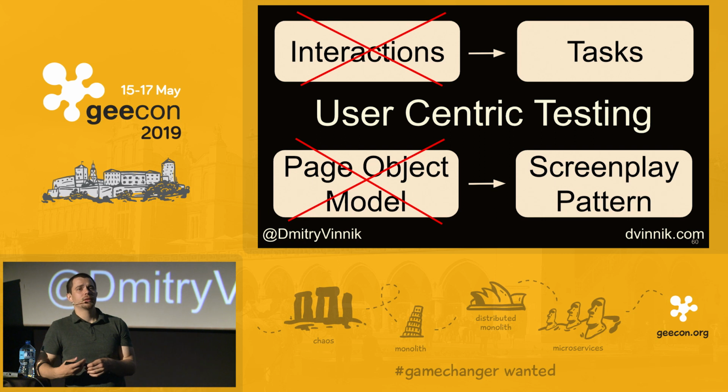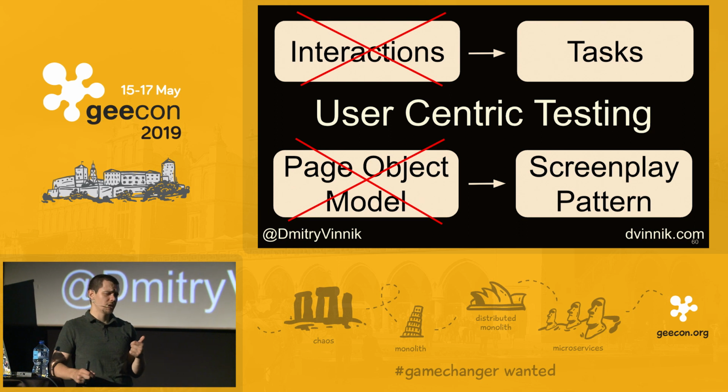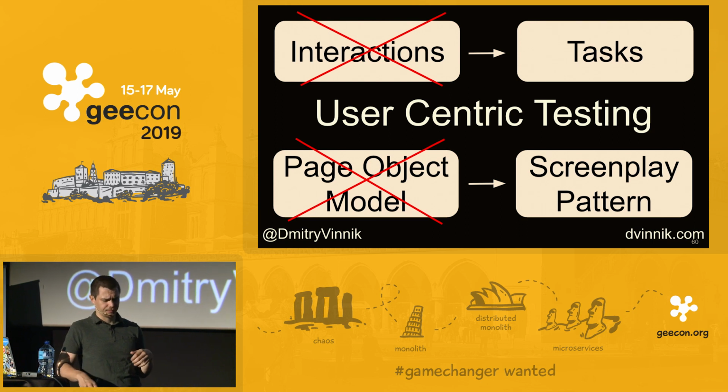So if you want to write the page object model for interaction-driven tests, you would have it very explicit. Your main audience for those tests will be testers themselves. An example would be something like select element, find by user field, send keys, username. It would be very cryptic for an end user.